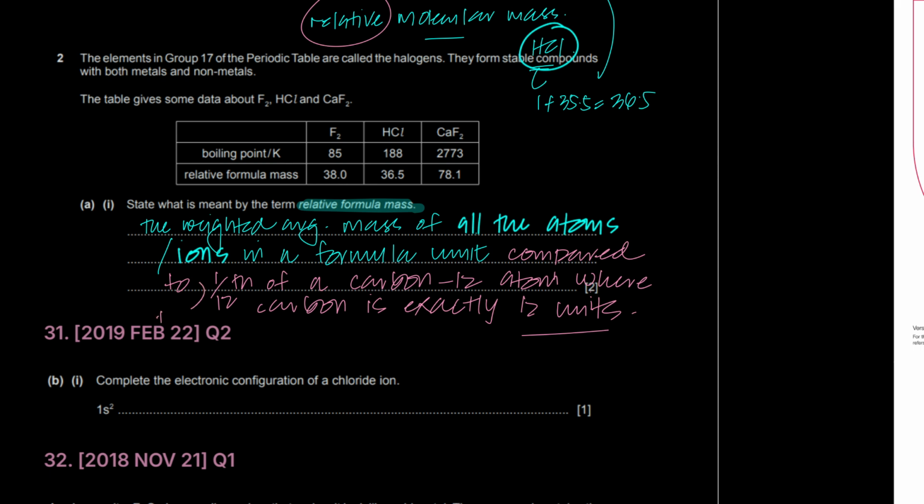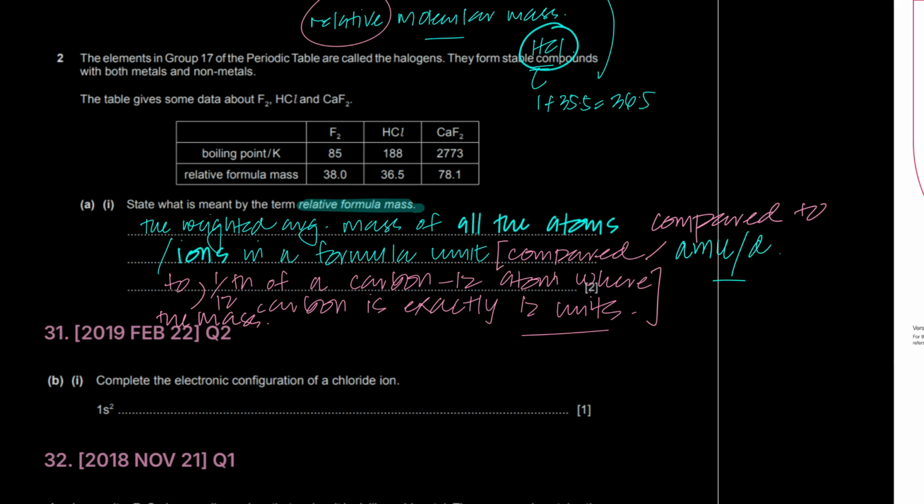Instead of saying compared to the mass of 1/12 of a carbon-12 atom, where carbon is exactly 12 units, this entire term can be replaced by compared to the unified atomic mass unit, or AMU, or you would also call it Dalton.